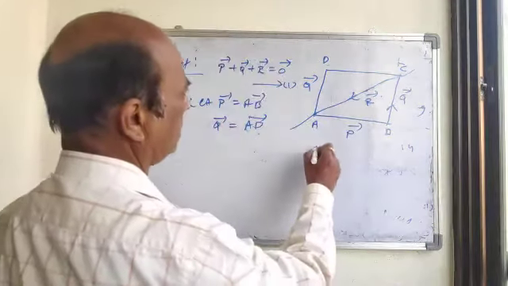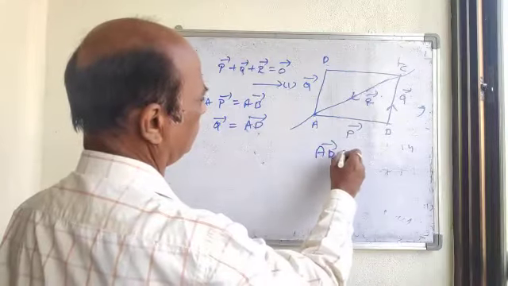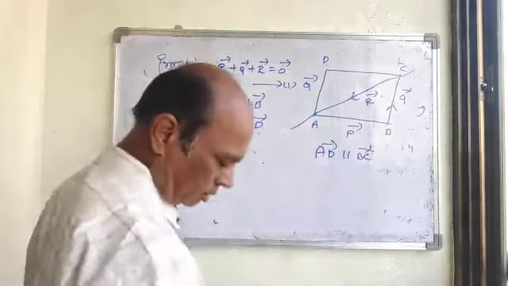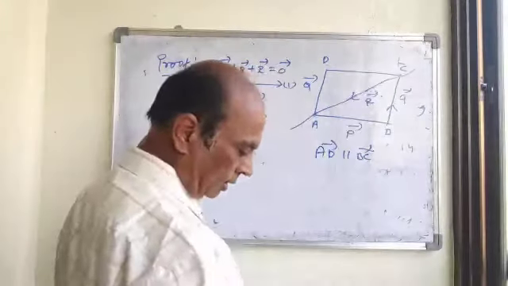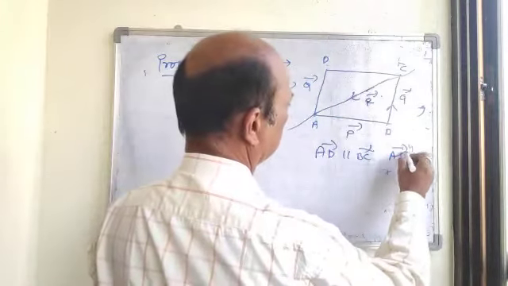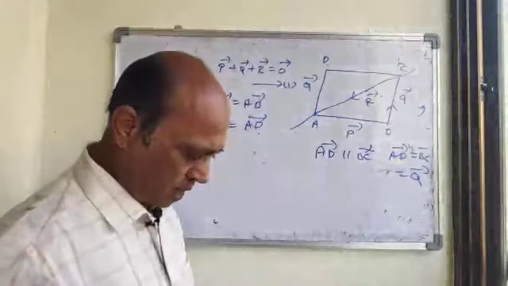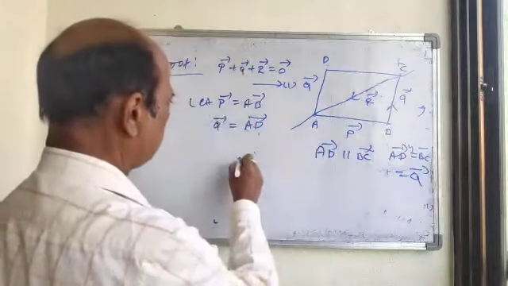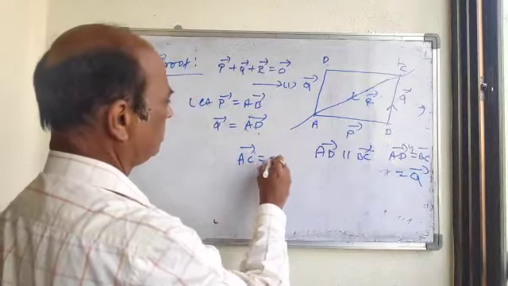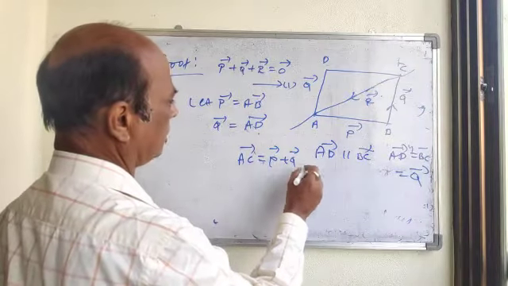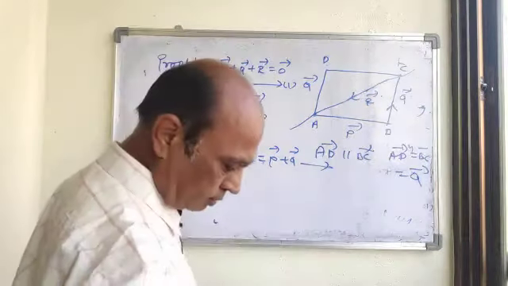And here AD bar is parallel to BC bar, and AD bar is equal to BC bar, which is equal to Q bar. So here AC bar is equal to P bar plus Q bar.